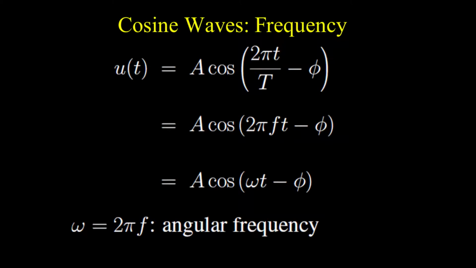It is customary to use the angular frequency, denoted ω, which is given by ω = 2πf, as it allows us to shorten the mathematical expression of cosine waves to u(t) = A cos(ωt − φ).